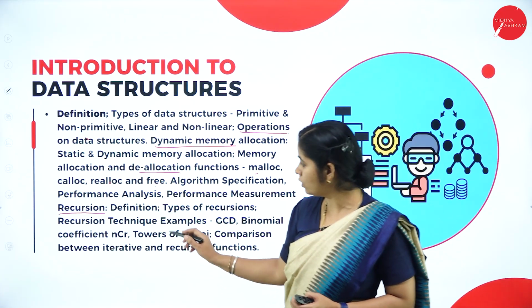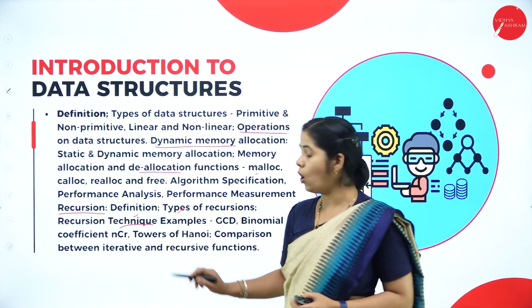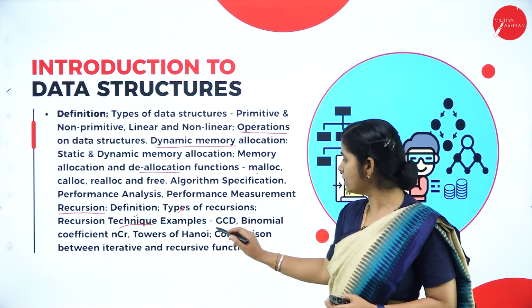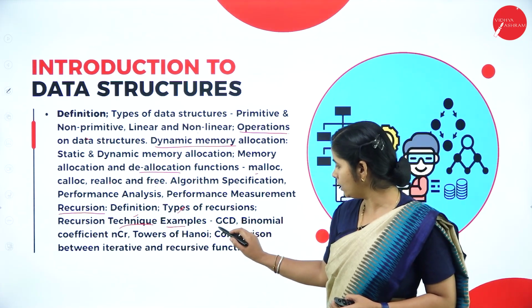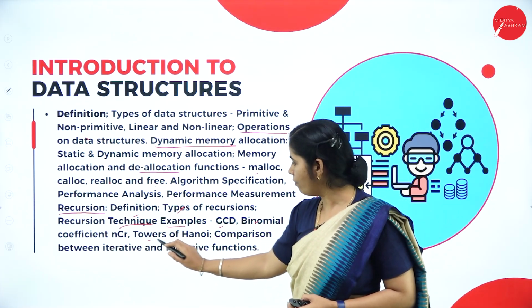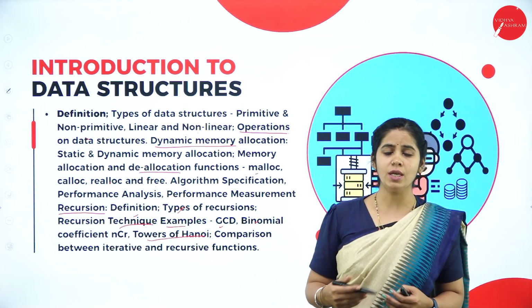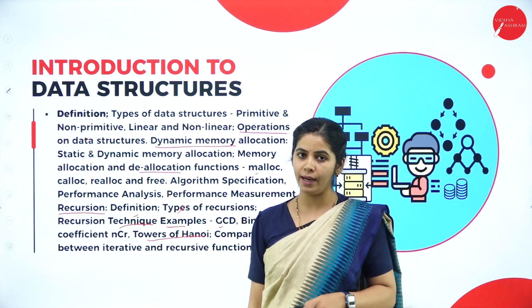Then definition, types of recursion, recursion techniques, how many recursion techniques we have, and some examples on recursion. Those examples are finding the GCD, finding binomial coefficients, or the Tower of Hanoi problem. These are some of the examples we solve using the recursion technique.